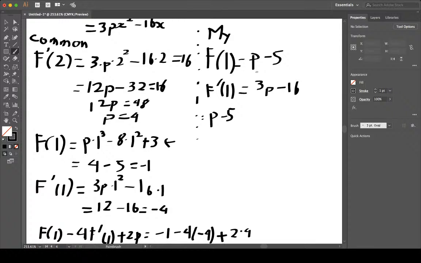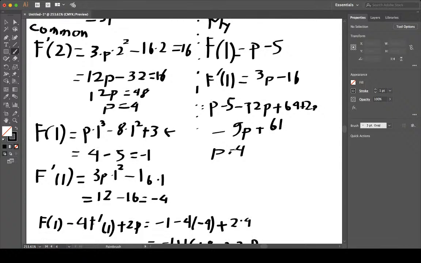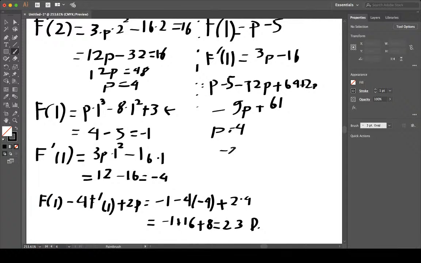So p is 5, subtract that by 12, because we are going to be multiplying this by negative 4, plus 64, plus 2p. This would be negative 9p, 66 plus 61. And then we just need to find what p is, which we have gotten from here, because I don't want to do it twice. So it would be minus 36 plus 61.